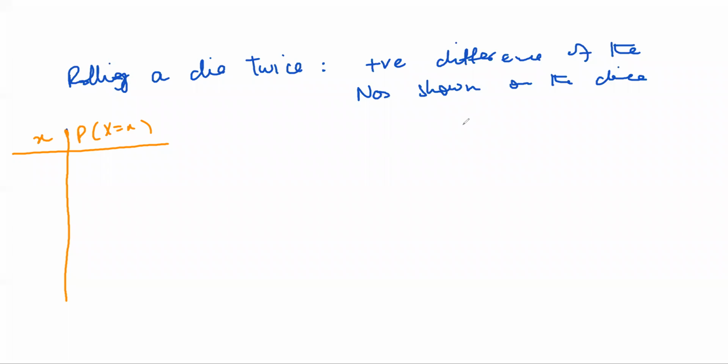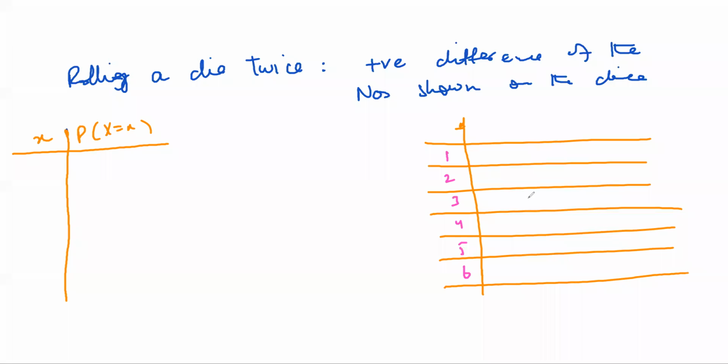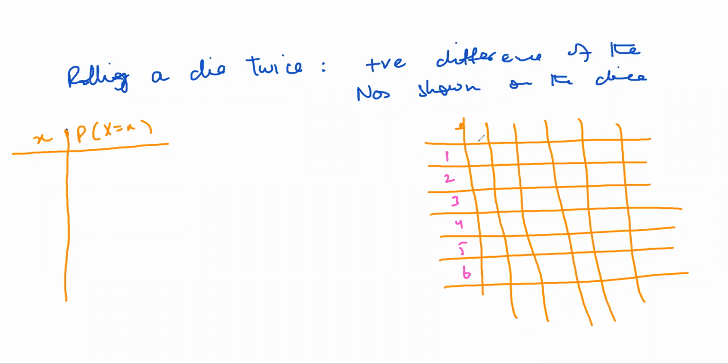Because you see, if you draw quickly a table diagram like this, you have 1, 2, 3, 4, 5, 6, then you have 1, 2, 3, 4, 5, and then you have 6 here.